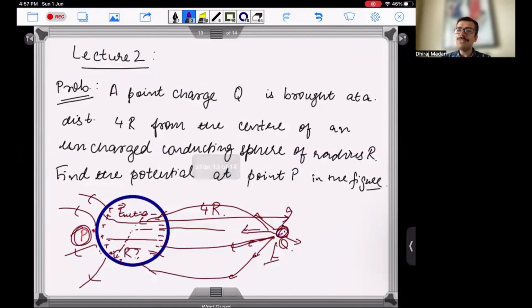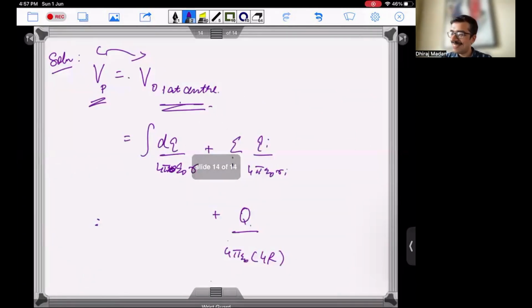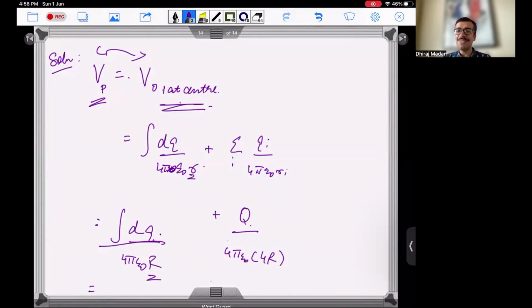But what about the charges which have been induced on the sphere? All these charges are at an equal distance from the center, so in this integral, this small r is just capital R, because all the charges induced on the spherical surface are at a distance of capital R. We can take capital R outside the integral, and the integral of dq is just 0, because overall this sphere was uncharged.